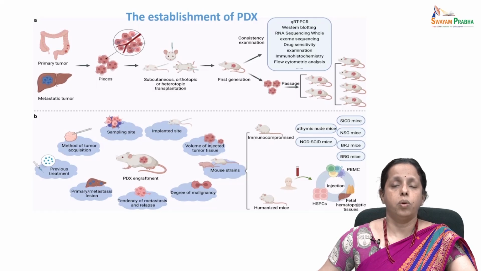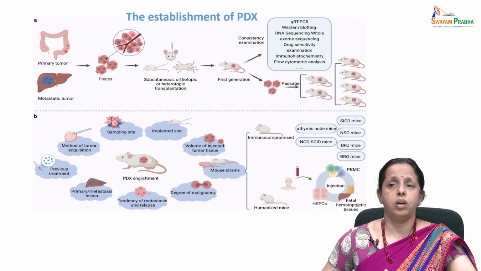To avoid tumor engraftment rejection in the mouse model, conventional PDX models are typically created using immunocompromised mice, such as athymic nude mice, SCID mice, non-obese NOD-SCID mice, or the NSG mice, that is the IL-2 gamma receptor mice, the BALB/c Rag2 null IL-2 gamma, that is the BRG mice.